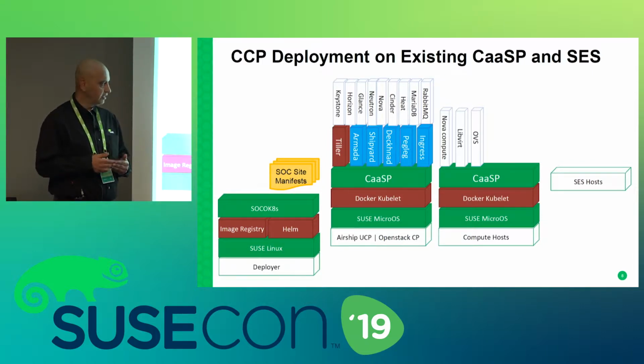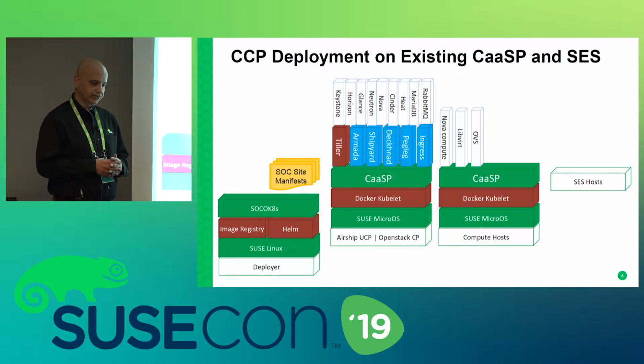So in that case, there is no bare metal provisioning involved, and also the SES configuration is already there. So what we are looking into, and actually we are using this in the tech preview also, are Armada, Shipyard, Backend, and Pegleg. These are the Airship components.